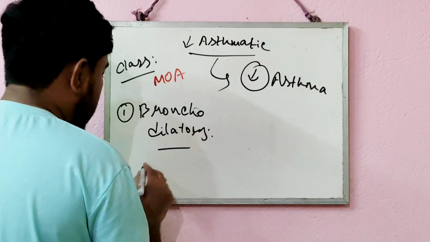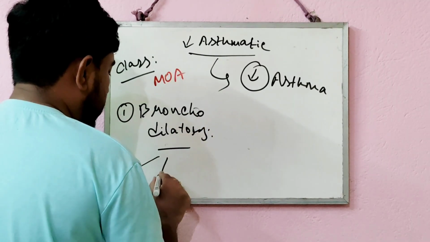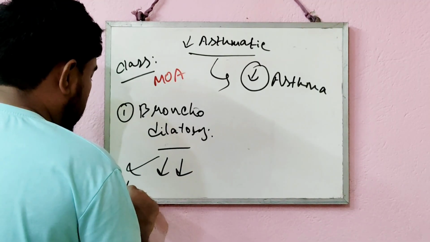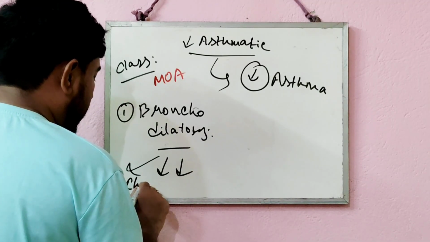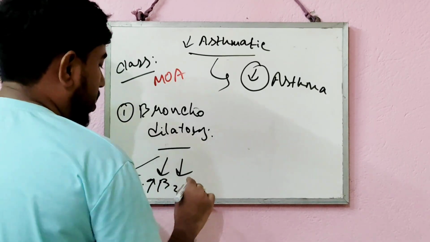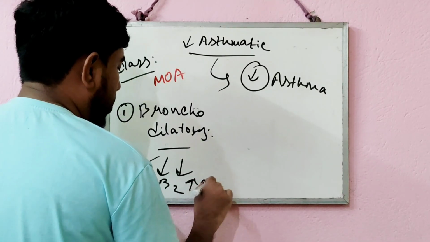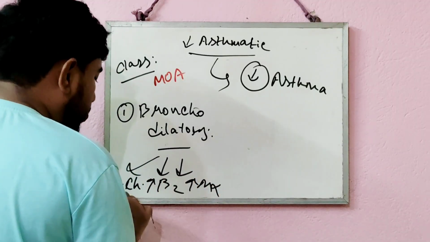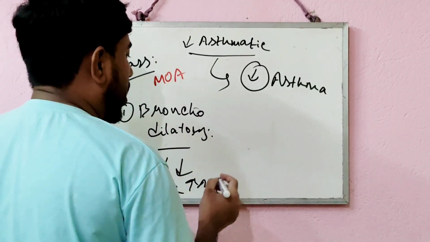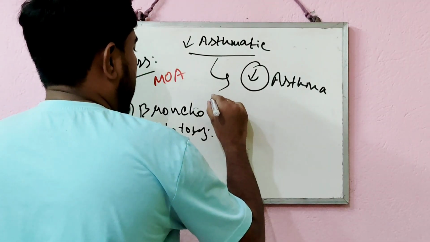Bronchodilators can show their action in three ways: by blocking cholinergic receptors, or by stimulating beta 2 receptors, or through methylxanthines. So according to the specific mechanism of action, bronchodilators are classified into three subclasses.